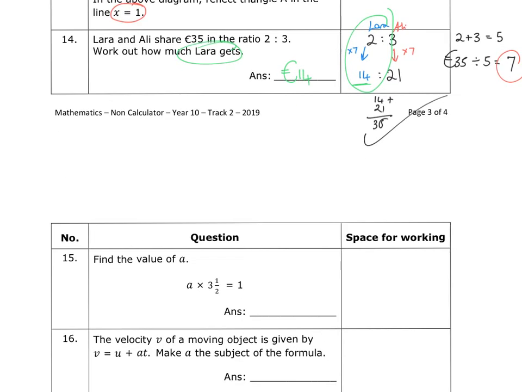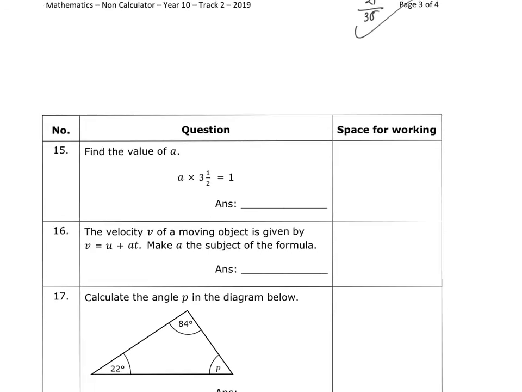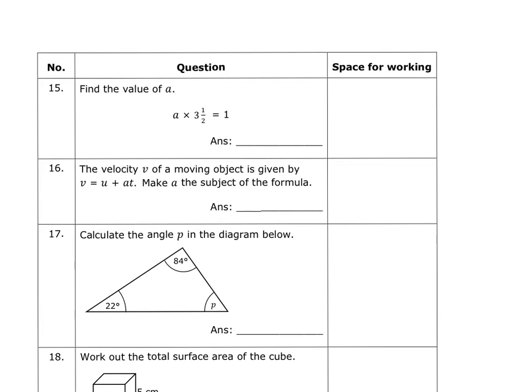Next question, 15. Find the value of A for this one. A little bit tricky this one, but don't worry. So 3.5, we can arrange it into 3 times 2, 6 plus 1, 7 on 2, for instance. So we have A times 7 on 2 equals 1 whole.